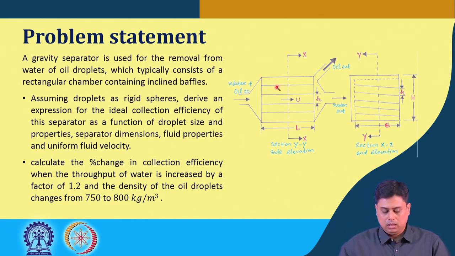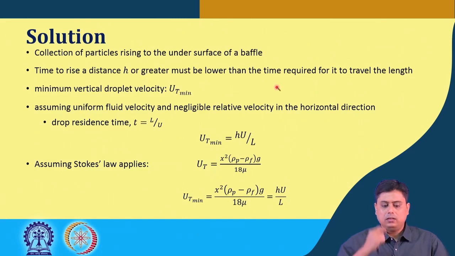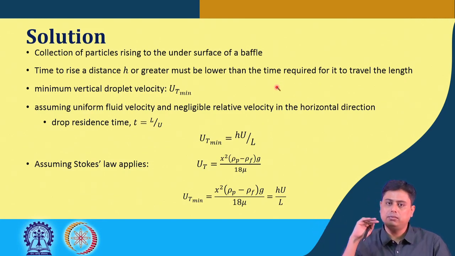Fine. So, the point is that the collection of the particles that rise to the under surface of a baffle will be 100% if all the oil particles have the same phenomenon.